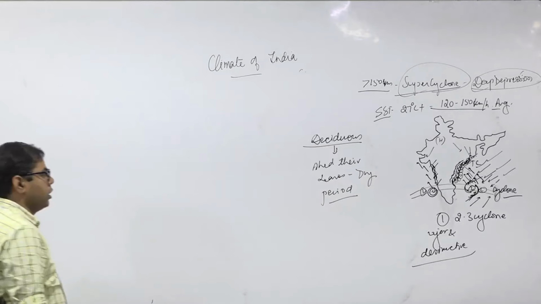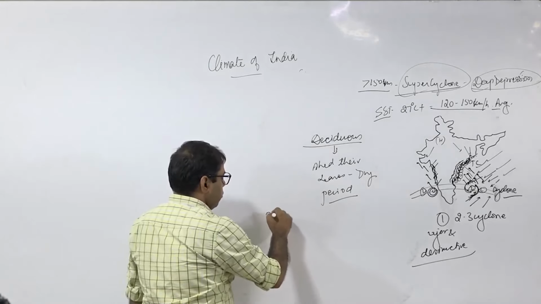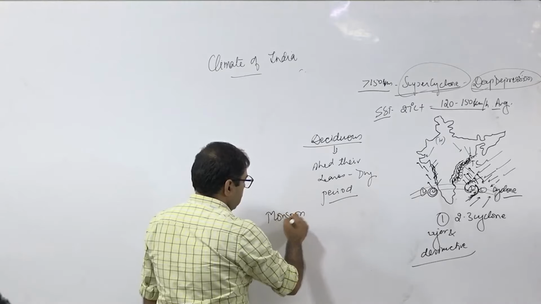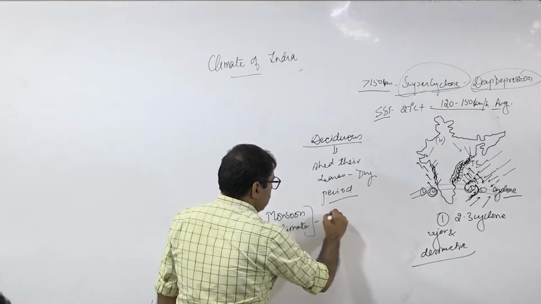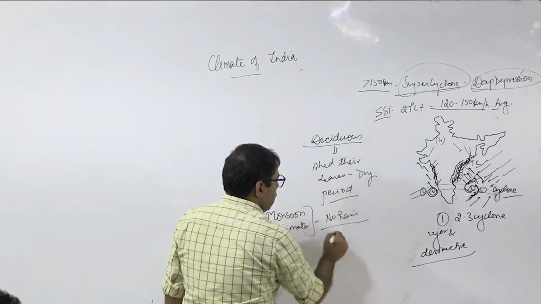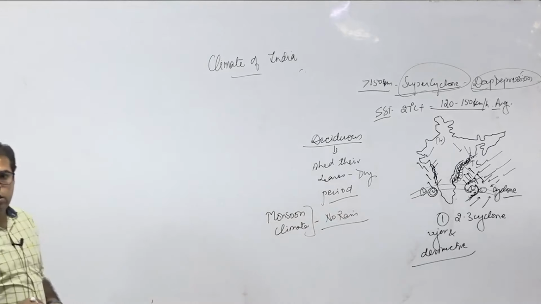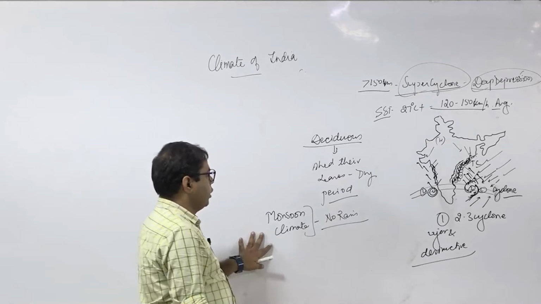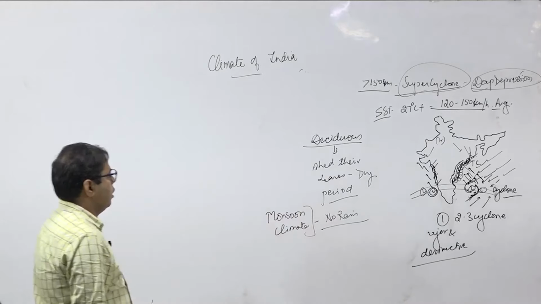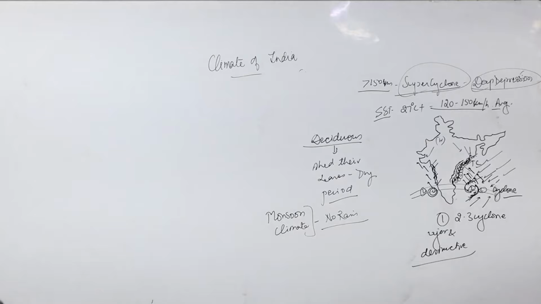So there is a certain time period in the monsoon climate when there is no rain, right? So then they shed the leaves, right? So those forests which shed the leaves in a certain time period are called the deciduous forest.